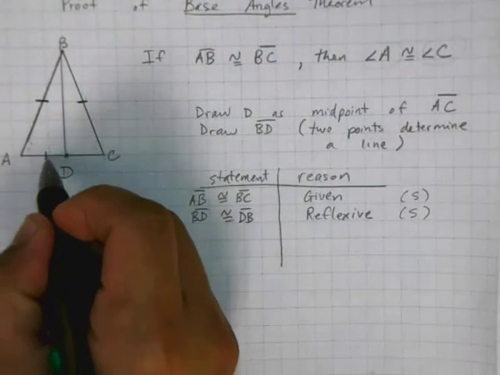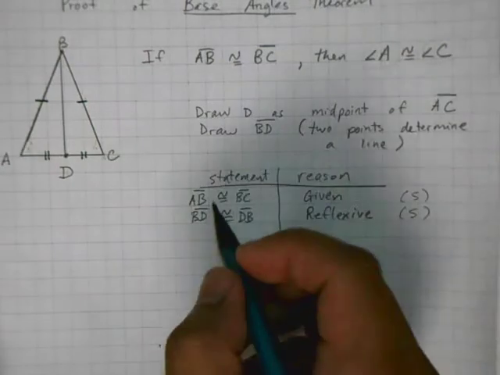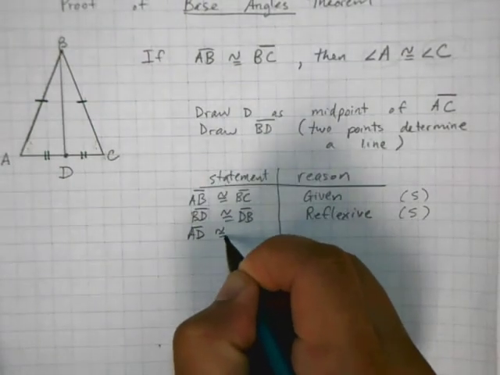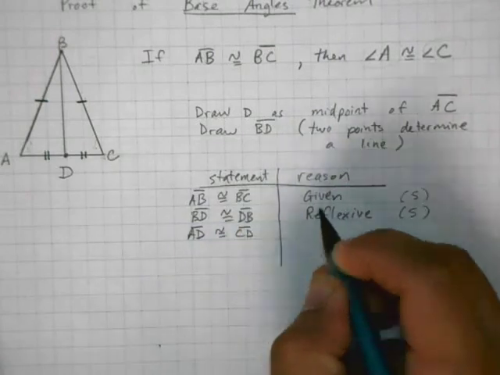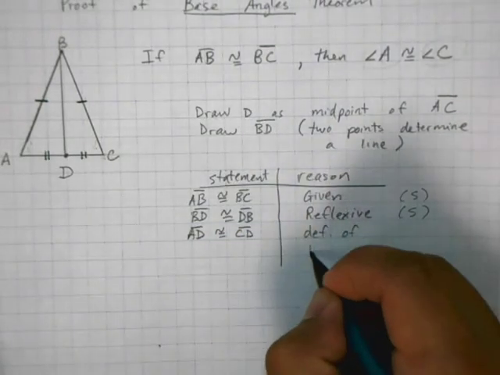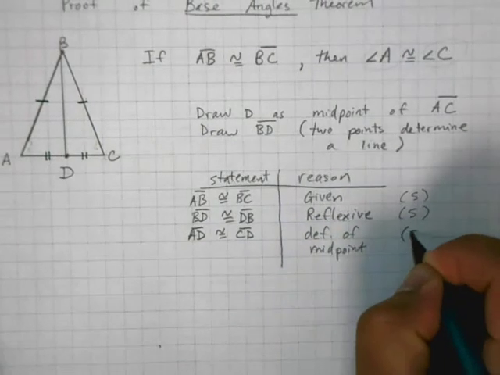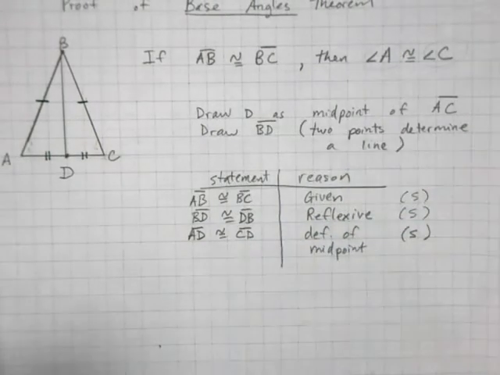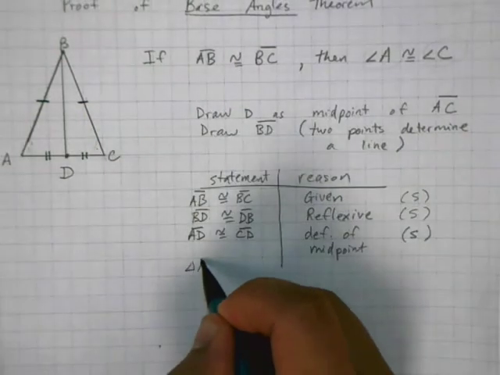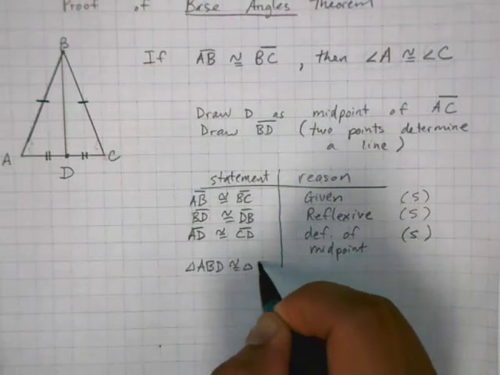So I can put these two tick marks in there, and I can say that AD is congruent to CD because of the definition of a midpoint. And that effectively gives me the third side of the triangle.